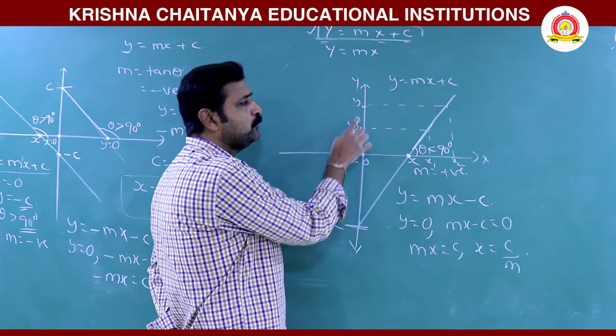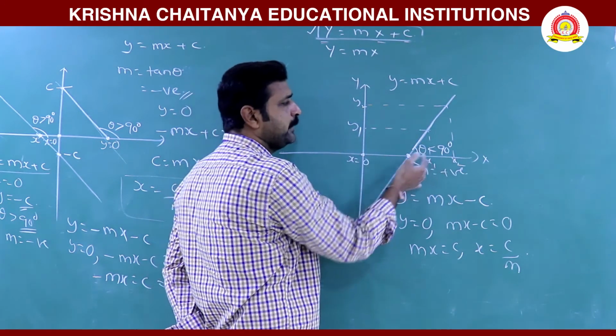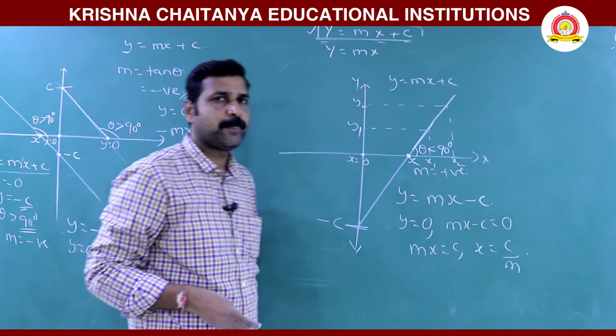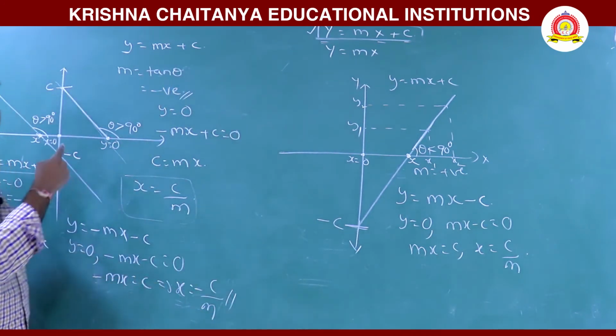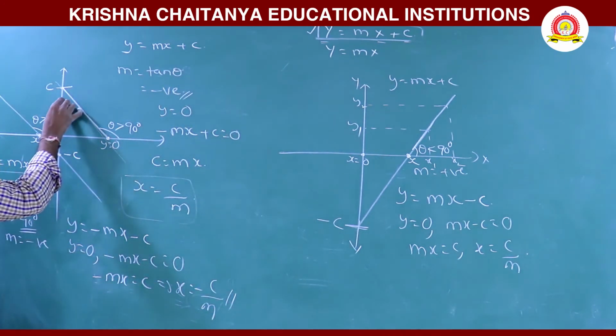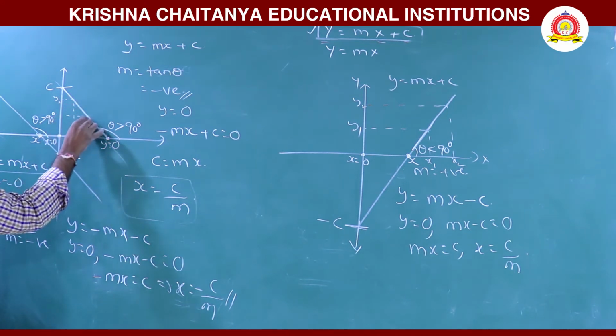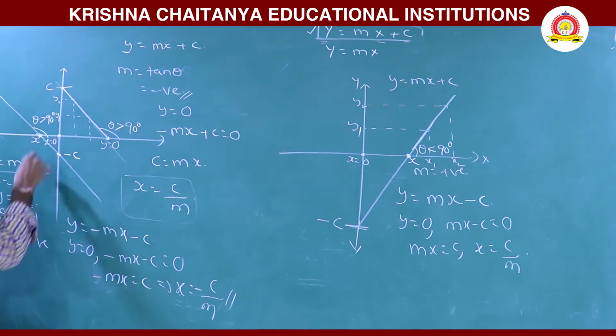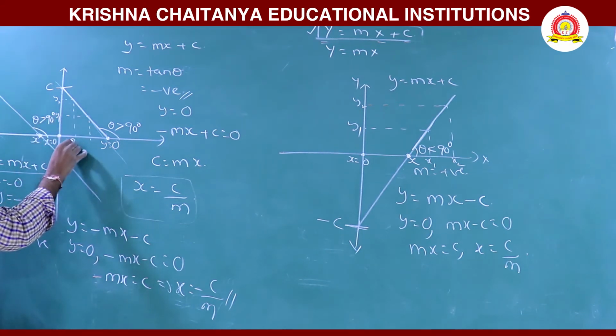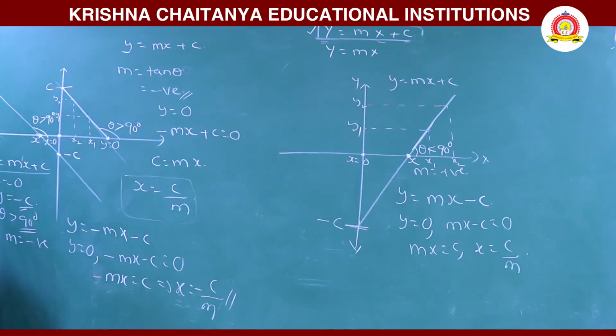Now take y2 minus y1 divided by x2 minus x1, you will get the slope. Here also, for this one, take y2 and y1, here x2, x1. Now y2 minus y1 by x2 minus x1, you will get a negative slope.